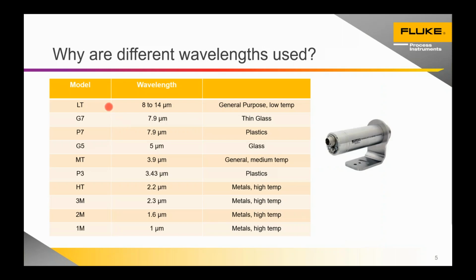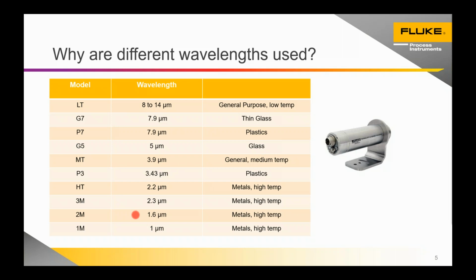We make devices with many different wavelengths. Part of this is due to the availability of detectors in the open market. There are only a handful of detector manufacturers globally, and they make detectors according to windows that you get in transmission in the air, but also typically optimized to where certain surfaces, because we typically only measure a surface.